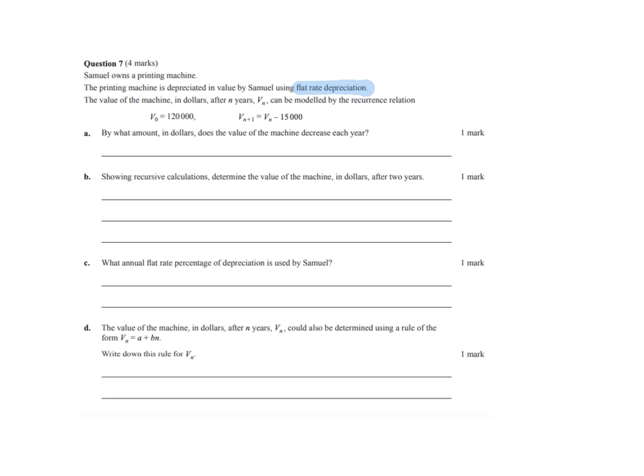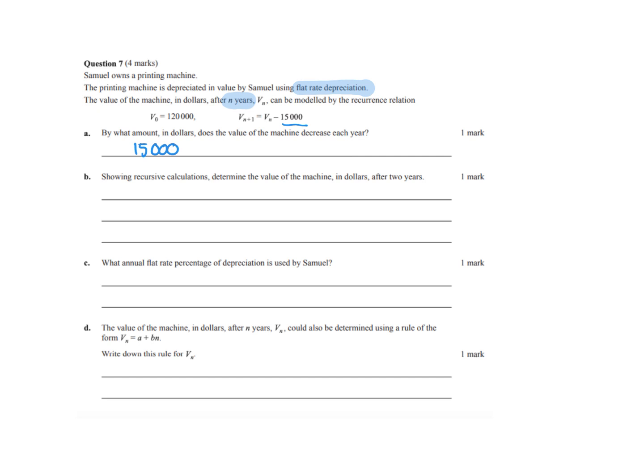They said V0 is 120,000, and then how I get the next term, or the value of the machine, after n years. It's important to note that. Every year the machine's dropping by 15,000. I can see that. So what amount does the machine drop? You need to be able to read that off and say it's 15,000.